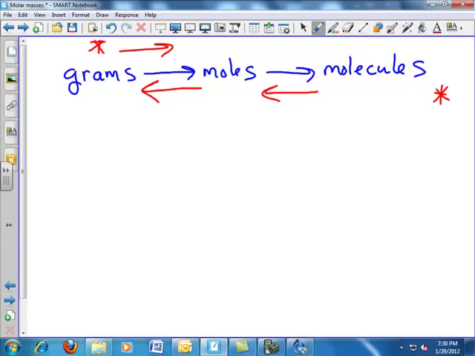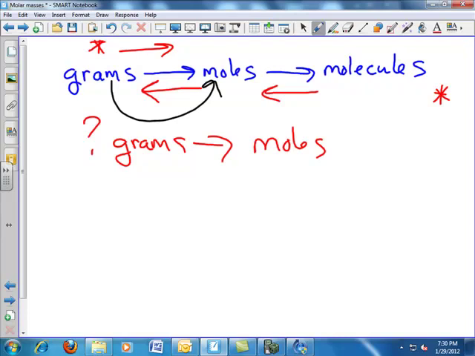Now, the one thing with this is you have to pay attention to what the questions are asking, because sometimes questions might say, if I start with a number of grams, how many moles do I have? Well, now you're just going from grams to moles and you want to stop. So you can stop on this street anywhere you want. It's just a path.